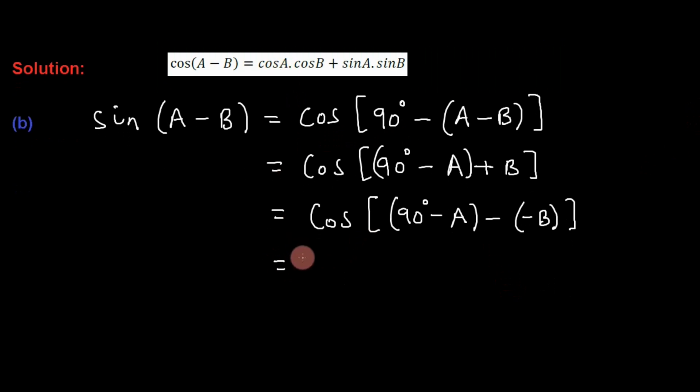So it's a cos of A, in other words, the cos of 90 degrees minus A now, times the cos of B. In this case, it will be the cos of negative B.